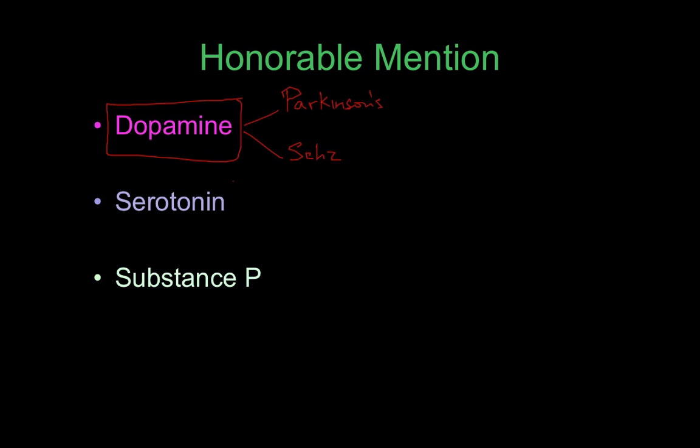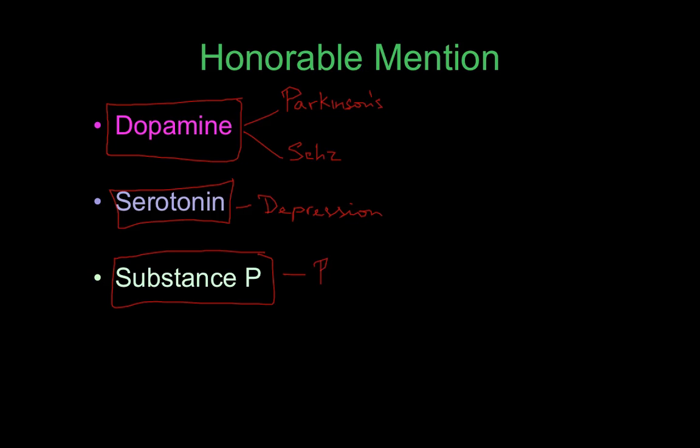Serotonin, we will look at later on, and how levels of serotonin could have an impact on depression. And we will look at substance P under sensory systems. Substance P plays a key role in pain perception. So we're going to be coming across these later on.